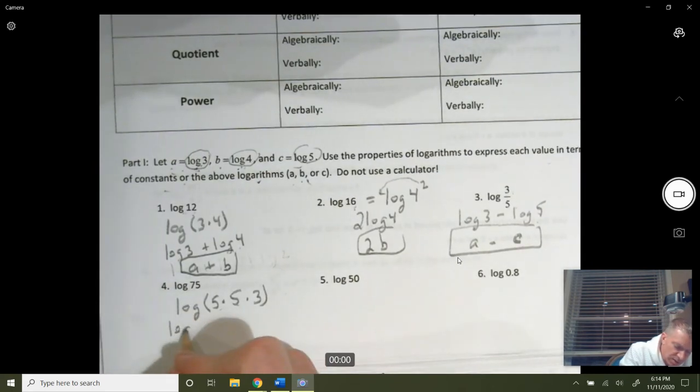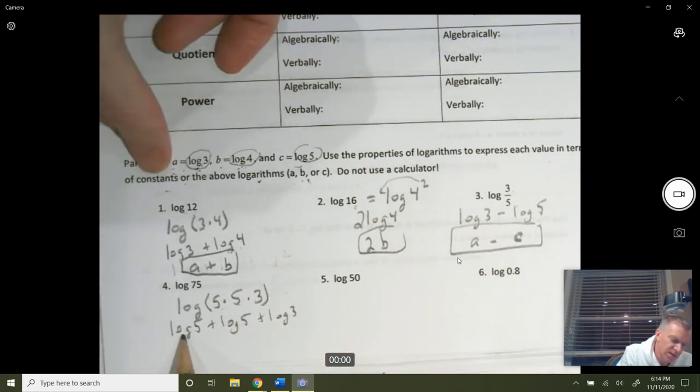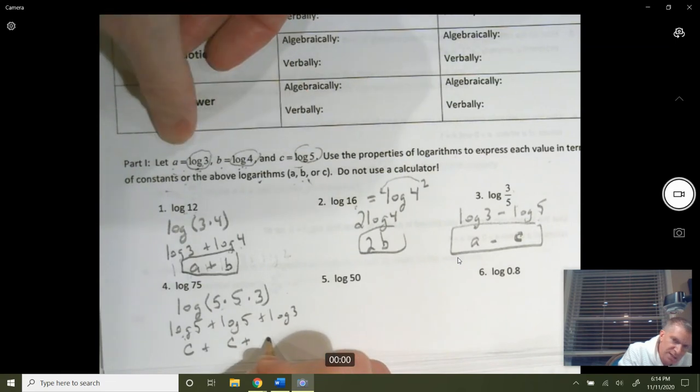So that's going to be log of 5 plus log of 5 plus log of 3. So log of 5 is c, so c plus another c plus log of 3 is a, so that's 2c plus a.